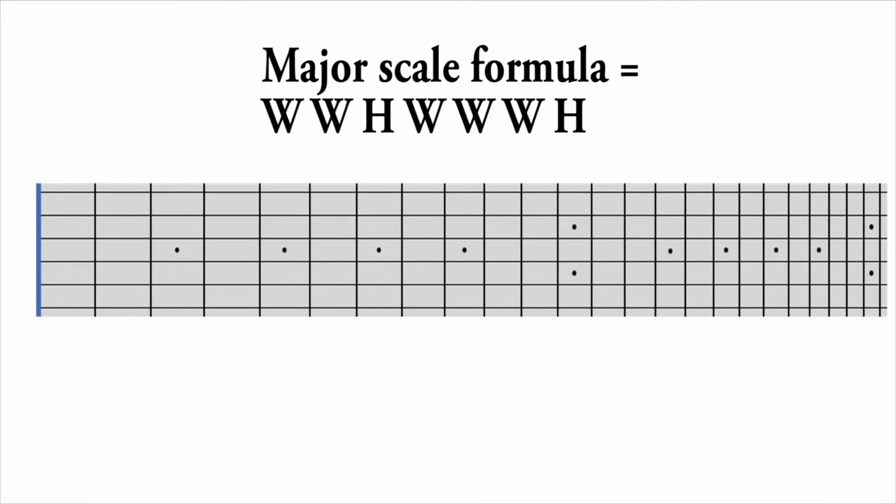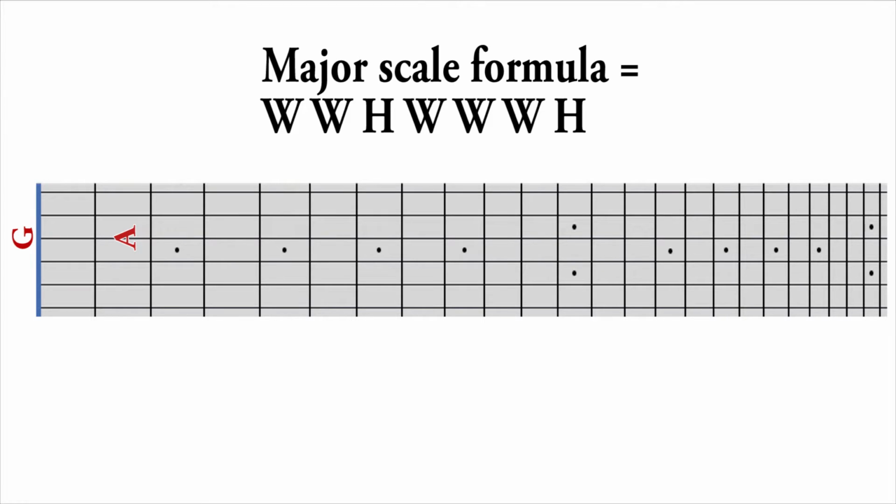Okay, so let's take this formula and apply it to the fretboard. Let's start on the 3rd string, which is the G string, open. From the open G note, let's follow the formula of whole, whole, half, whole, whole, whole, half. Let's go 1 whole step from that G, and that takes us to the A note.